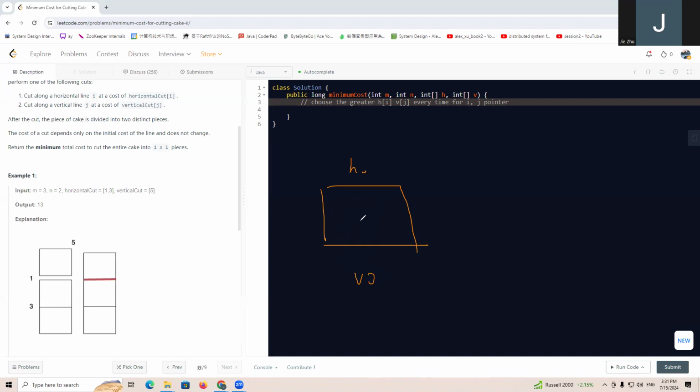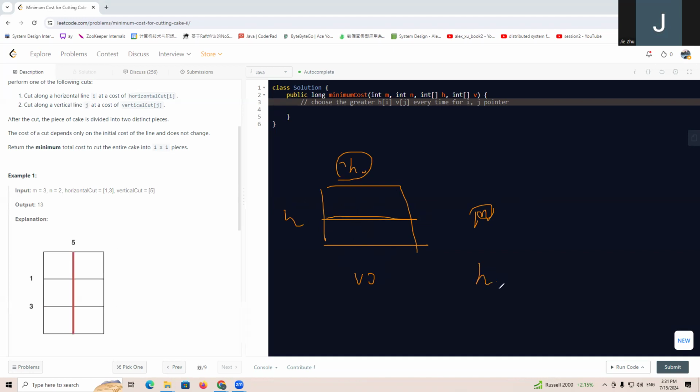So in this case, it's just one vertical piece and one horizontal piece, right? So if horizontal is greater and we take the horizontal first, then we'll have h[0] plus 2 times v[0], right?